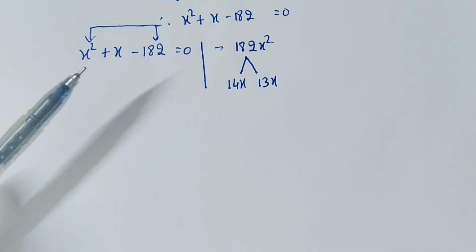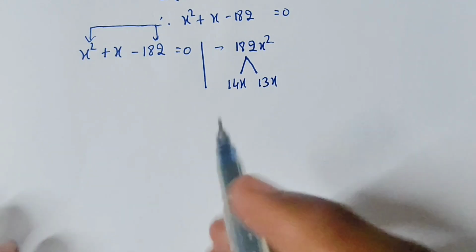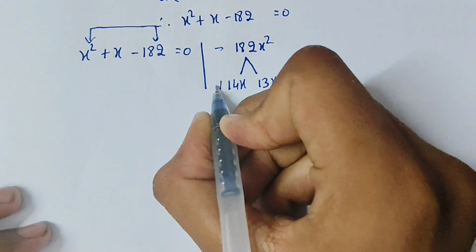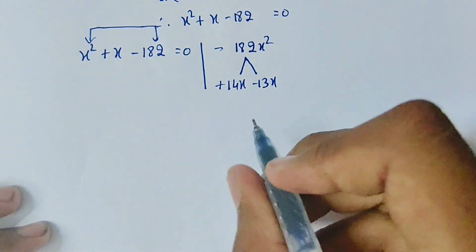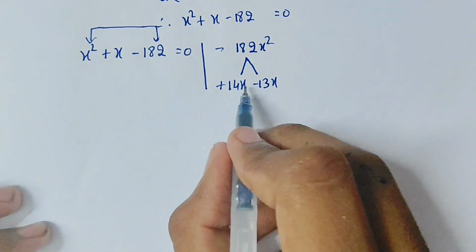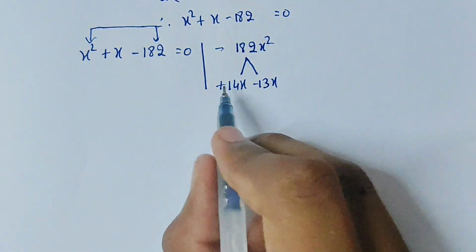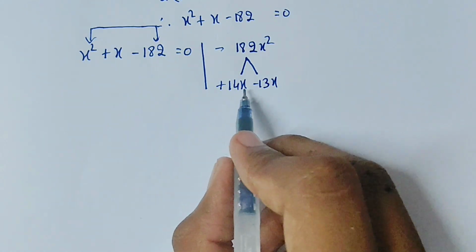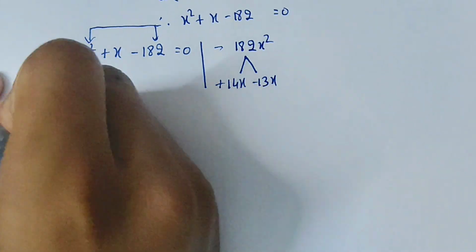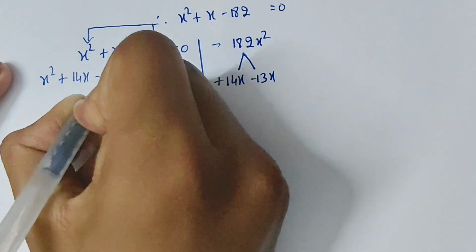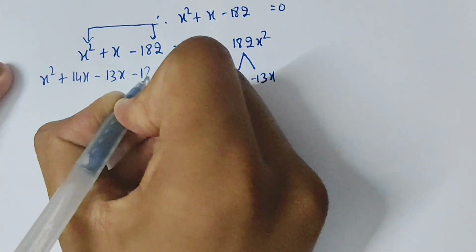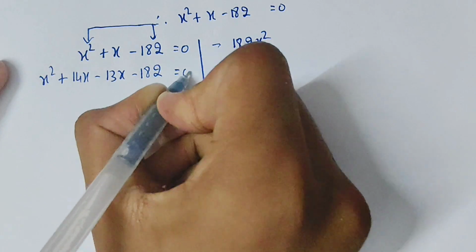So here the symbol is plus: the bigger number takes the symbol plus and the smaller number minus. Plus into minus, minus 14x into 13x is 182 x square, plus 14x minus 13x is plus x. So x square plus 14x minus 13x minus 182 equals 0.